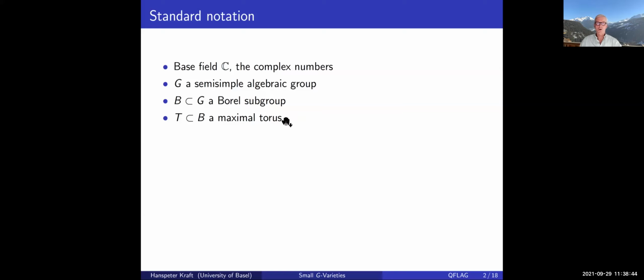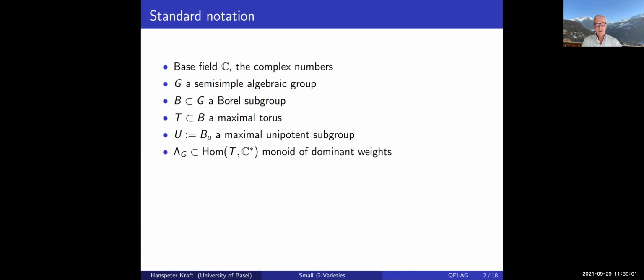I once heard a talk of Armand Borel, and he said, let B be a me. T is a maximal torus in B, U, as usual, the maximal unipotent subgroup. And I fix Λ_G, the monoid of dominant weights, as usual.